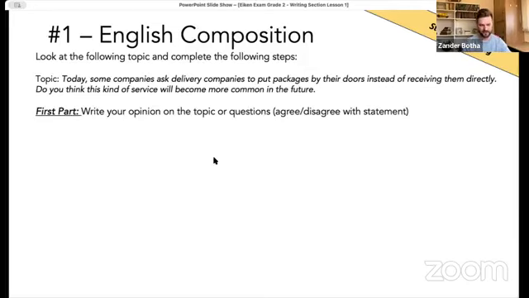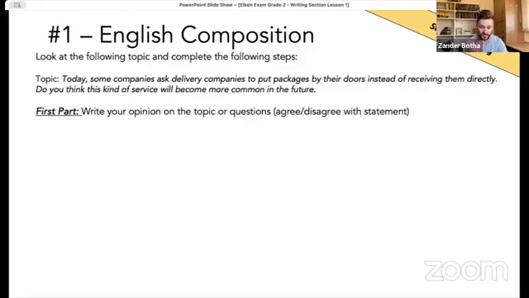Now, the first part of your essay or your English composition should start with you writing your opinion on the topic or question, meaning you need to say, yes, I think so, or no, I don't think so. So for this topic, you would need to say, yes, I think this kind of service will become more popular in the future, or you need to say, no, I don't think this kind of service will become more popular in the future. So that's the first part of your English composition structure.